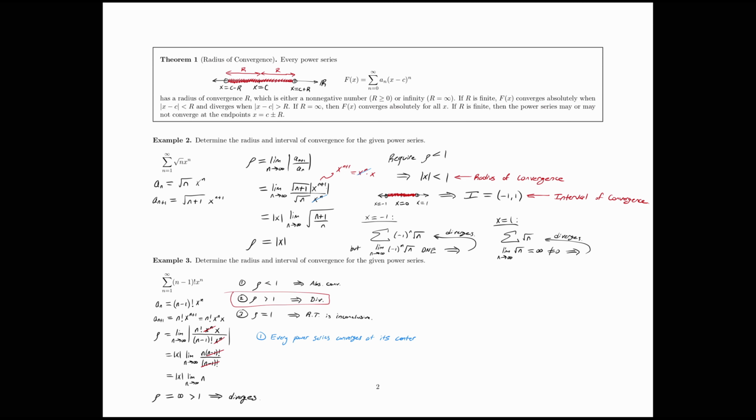But every power series, at the very least, does converge at its center. So there's always one value where it converges. So the fact that this statement here says that it diverges is seemingly contradictory, because this power series doesn't diverge. It does converge at its center. Here the center is, of course, we can interpret x to the n as x minus 0 to the n, in which case the center is x equals 0.